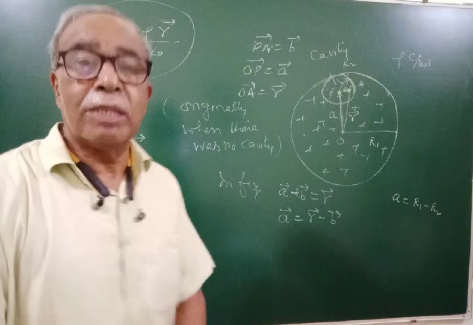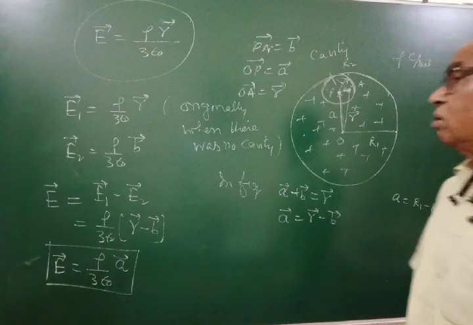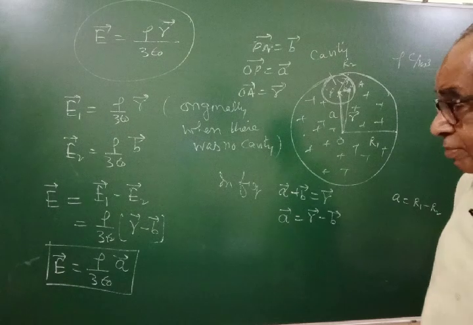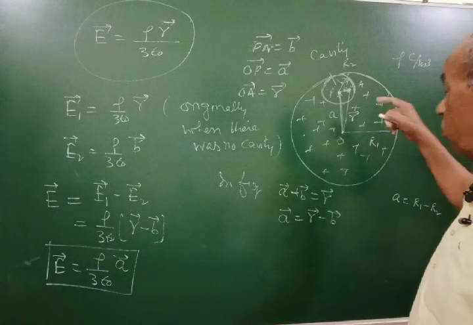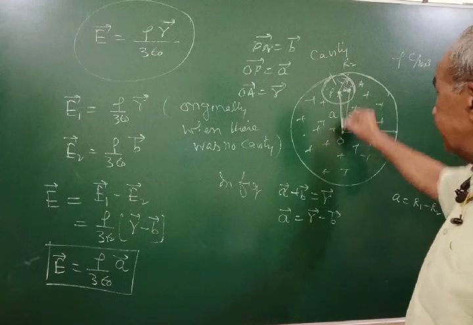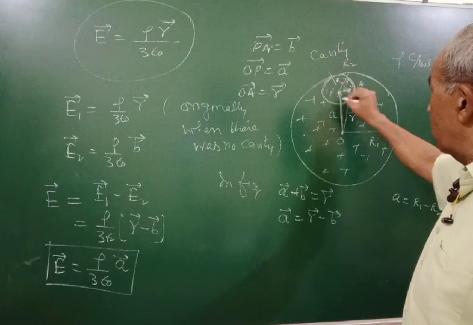This question has been asked many times in different exams like IIT, etc. So what does this indicate? That the value is given by radius A, so this distance is fixed, whether the point is here, or here, or here.